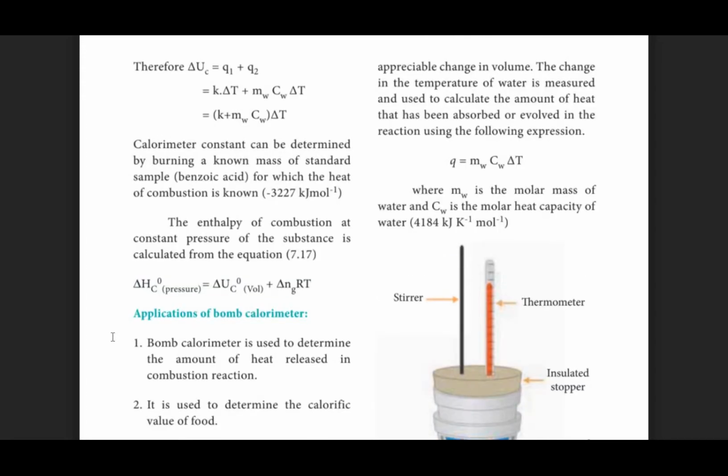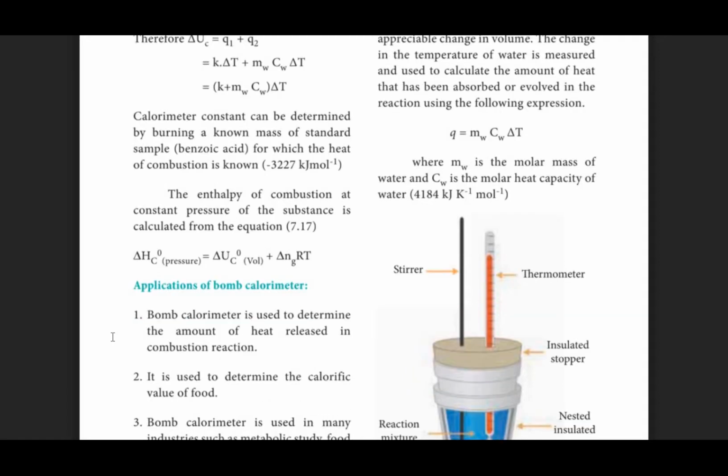The change in the temperature of the water is measured and is used to calculate the amount of heat that has been absorbed or evolved in the reaction using the expression Q is equal to mW into Cw into delta T. Here, mW is the molar mass of the water and Cw is the molar heat capacity of the water, that is a constant value.